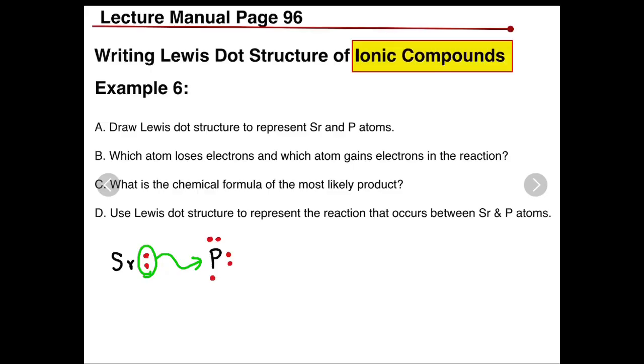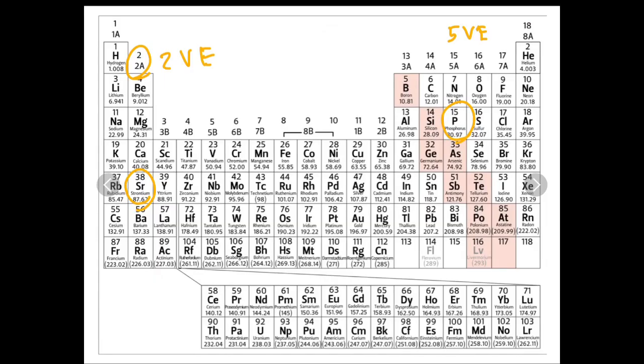So the next thing we're going to take a look at is part C. Part C probably helps us to write out the Lewis dot structure for this ionic compound better. We are going to determine what should be the chemical formula of this product. Strontium, if it loses electrons, is most likely to become strontium 2+. And phosphorus is in group 5A.